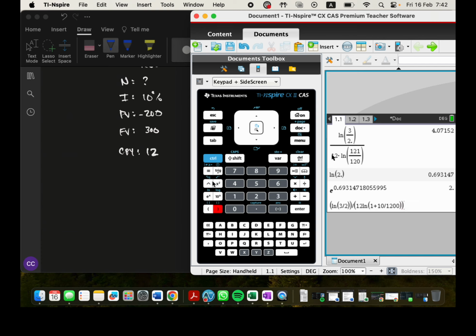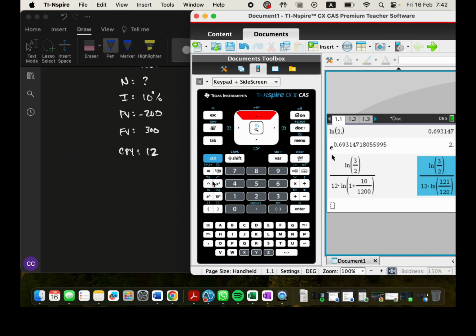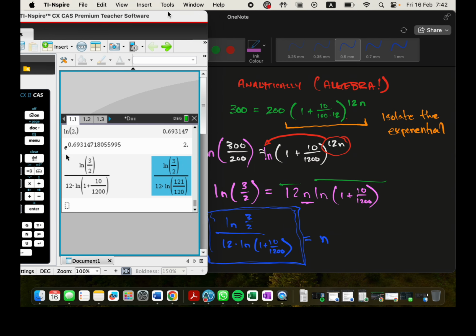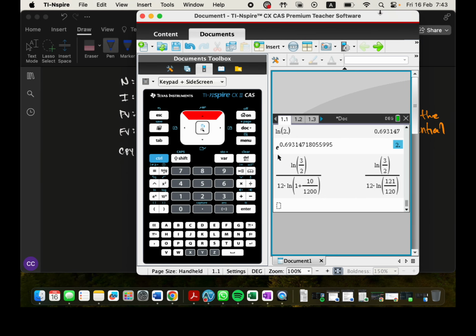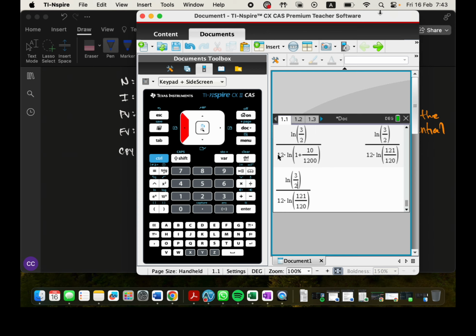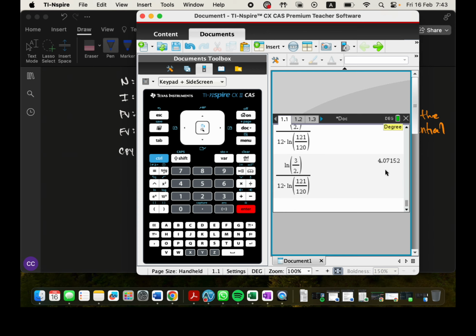Just making sure I got all my parentheses in. And of course, that looks just like what I had set up there. So I'm happy with that, but I do want the decimal answer. So I'll just add a decimal into my values, and I get that 4.0715.